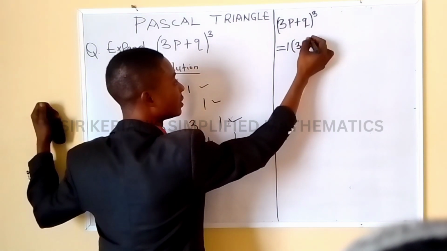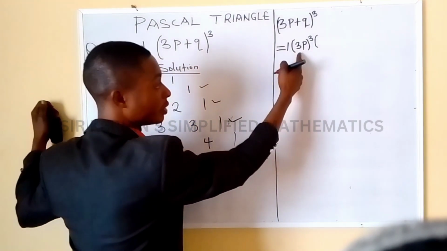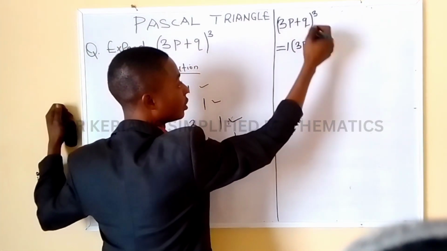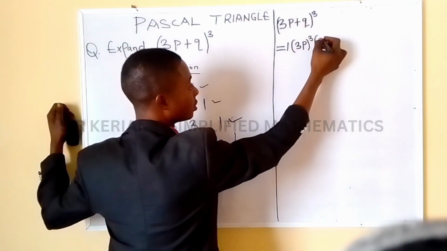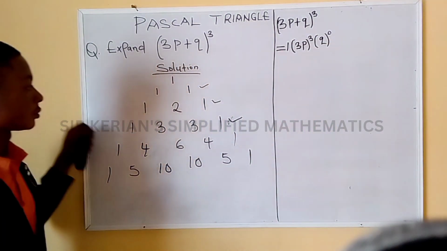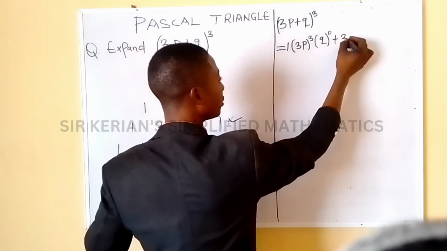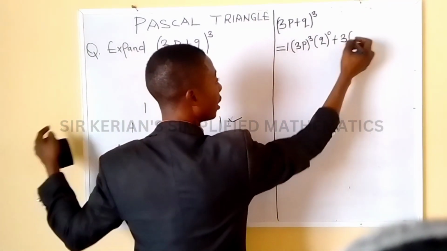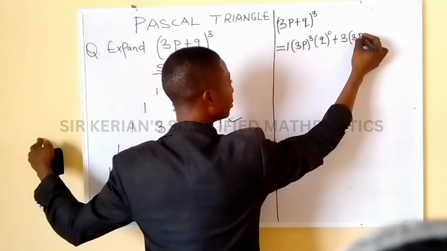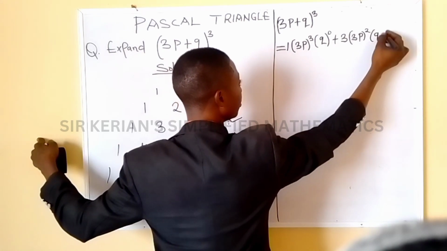As the power of the first term is decreasing, the second term will increase. The first term is 3p raised to the power of 3, times the second term q raised to the power of 0. Then we go for 3. Plus 3 times our first term, which will decrease by 1, and the second term will increase by 1.